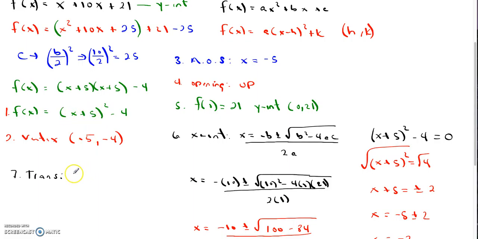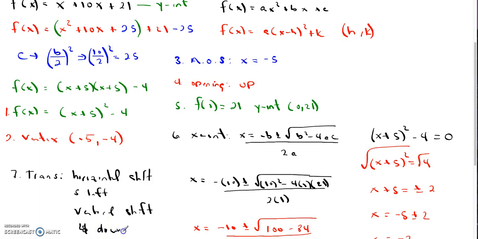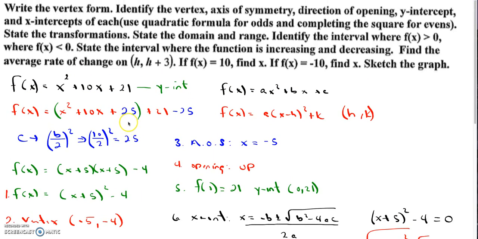My H is, so I have a horizontal shift, 5 units left, and I have a minus 4, so I have a vertical shift, 4 down. Alright, there's my transformations, and again I'm getting that from my vertex form.